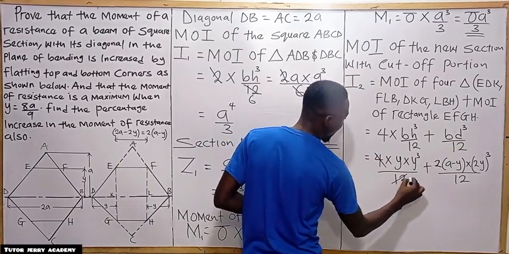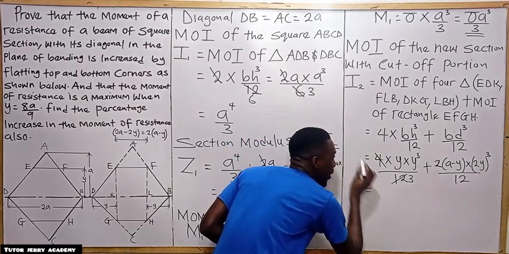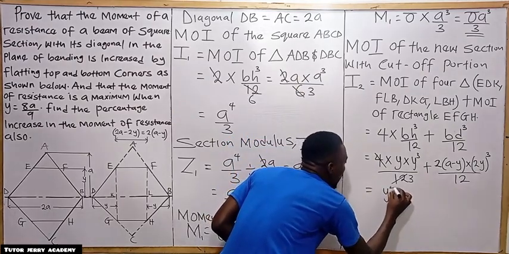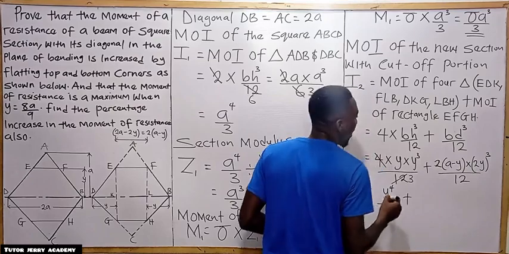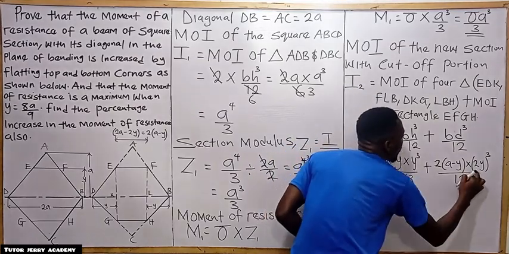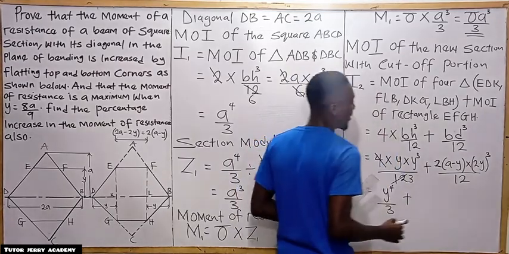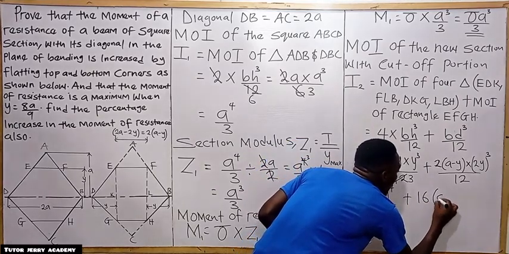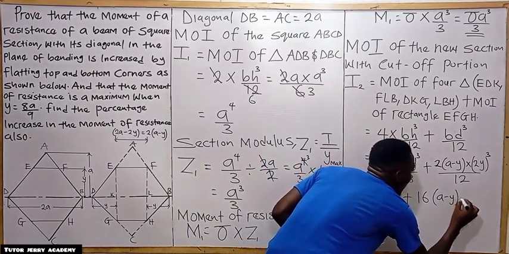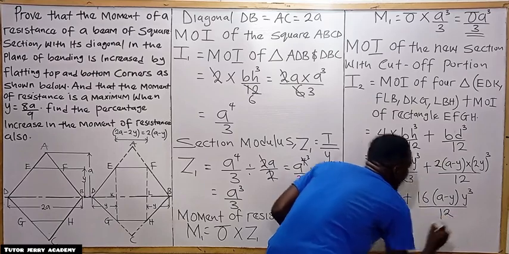All right, so now let's simplify. 4 here over 12 gives 3, so we have y to the power of 4 over 3, plus 2 to the power of 3 is 8, and 8 times 2 is 16, so we have 16 into a minus y times y to the power of 3 over 12.